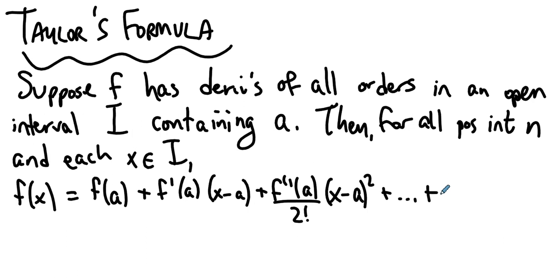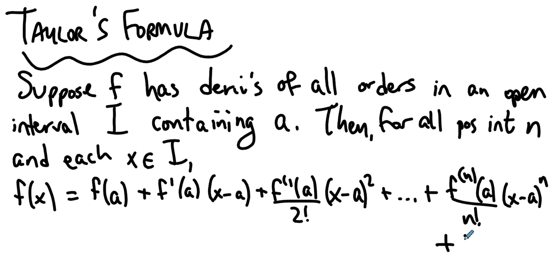But Taylor's formula depends on us cutting short a series, and this is where we cut it short. We take the nth derivative at a over n factorial times x minus a to the n. That's the last term we write.